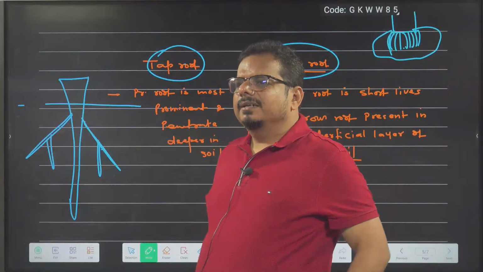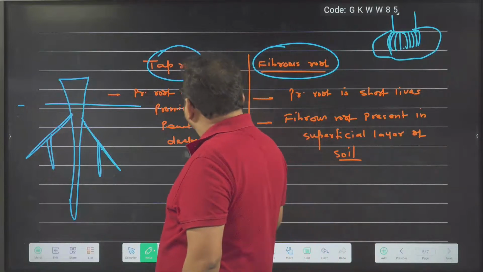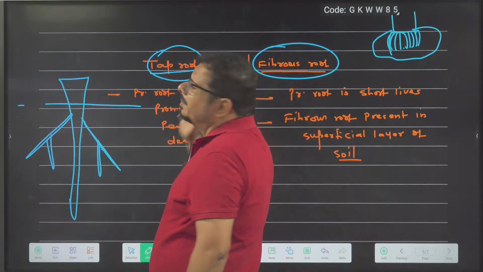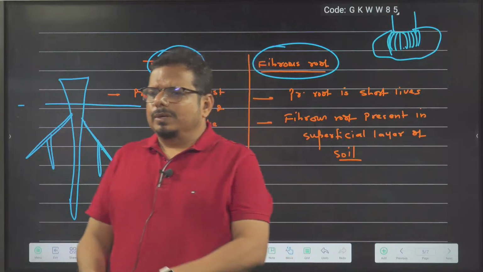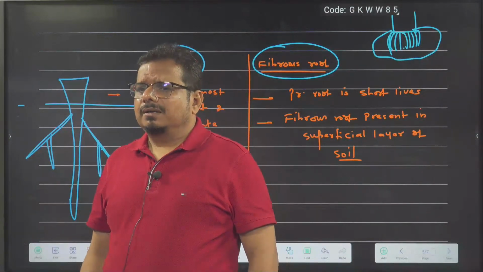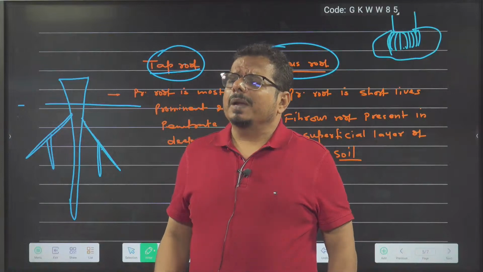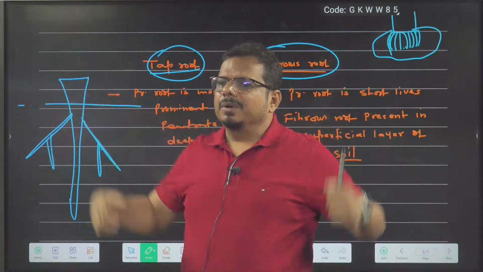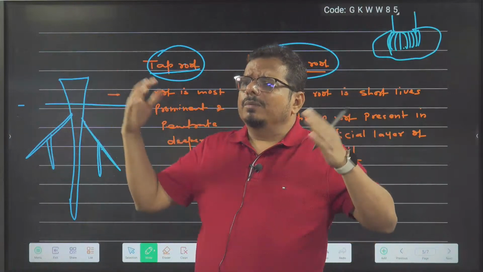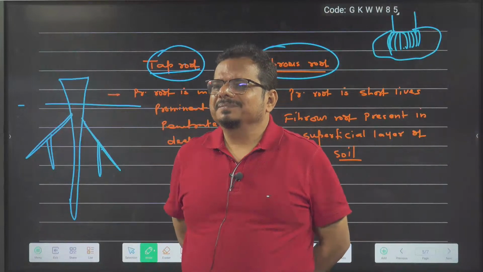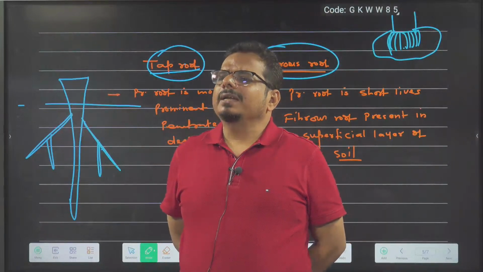Is it all right? So actually, tap root is a characteristic feature of dicot. And if you talk about dicot plants, very rarely are monocot plants too huge. But many trees, almost all trees, are dicot.